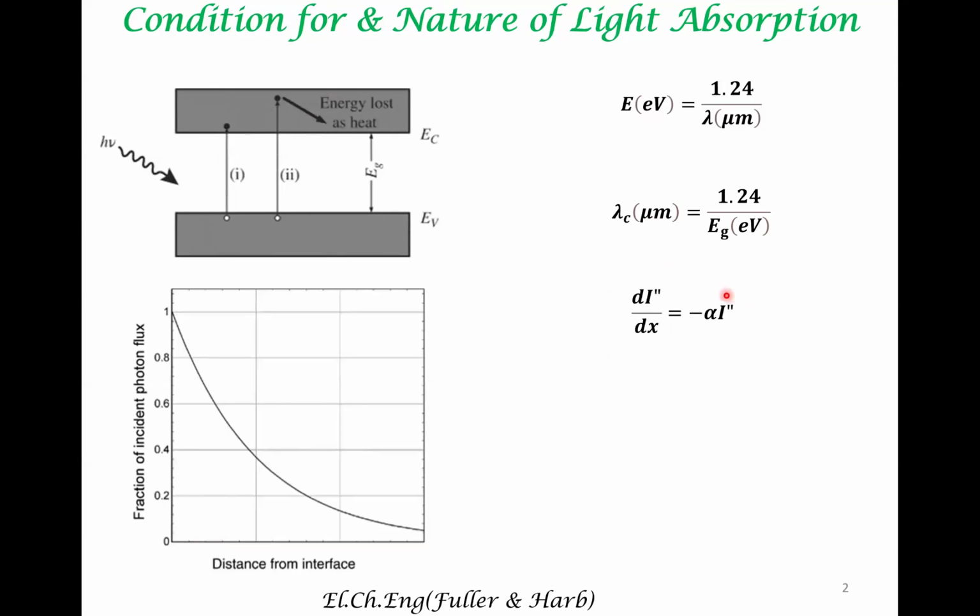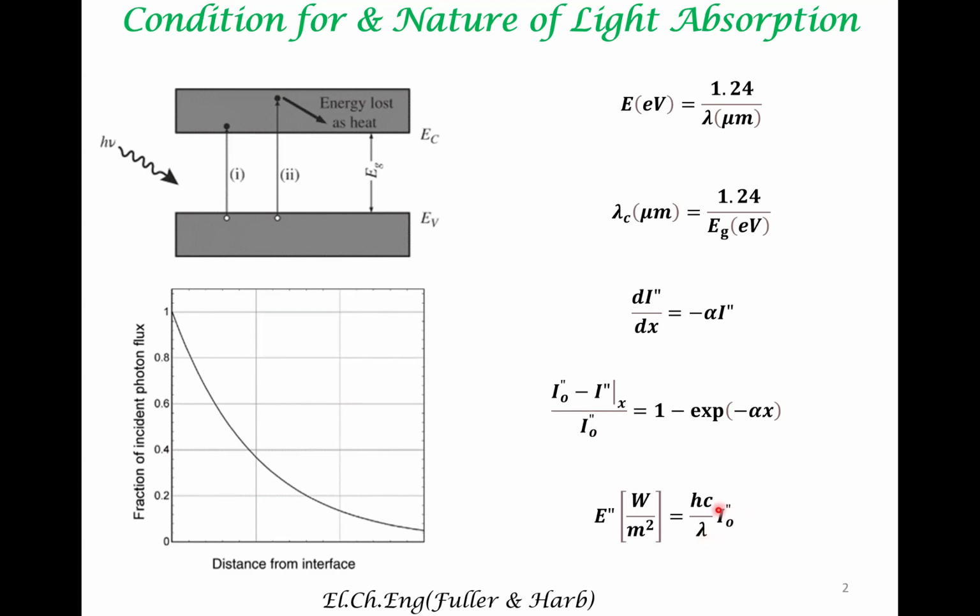You might have seen this in your high school experiments on optical absorption, proving the Beer-Lambert law, right? The rate of decrease of intensity with distance is proportional to intensity. This is the absorption coefficient. This involves a decrease, so there's a negative sign here. That can be integrated and you can get the Beer-Lambert law. This is a form of the Beer-Lambert law.